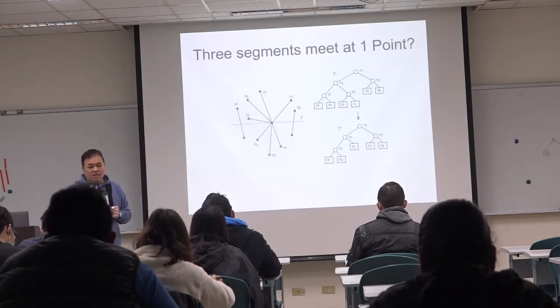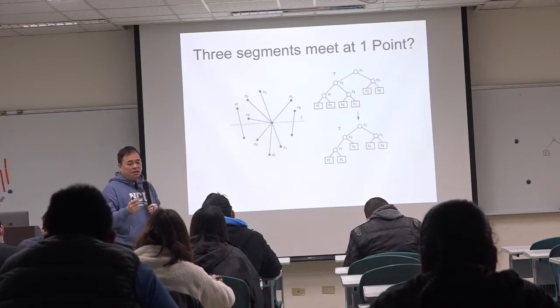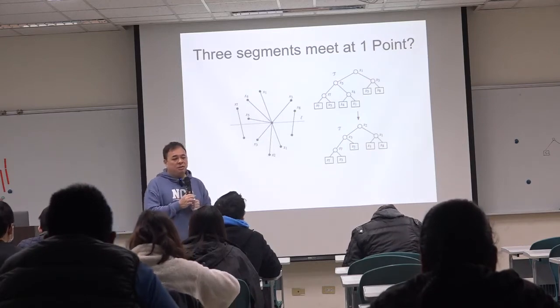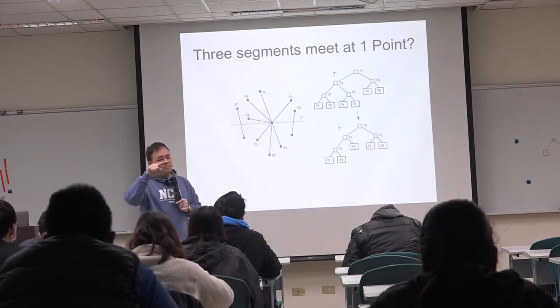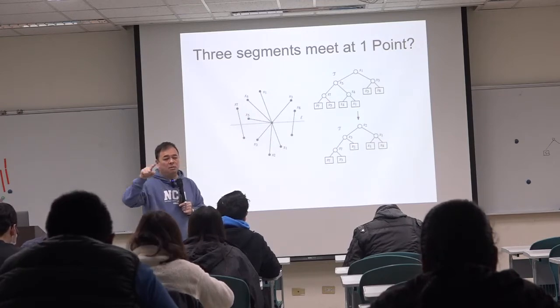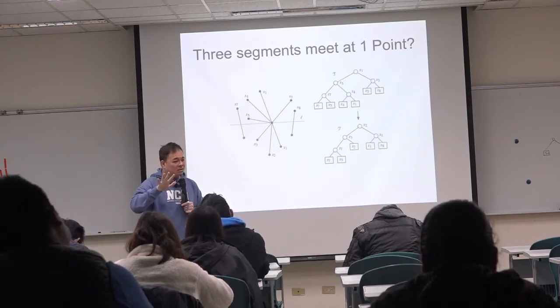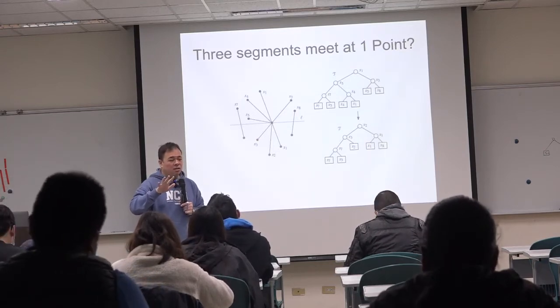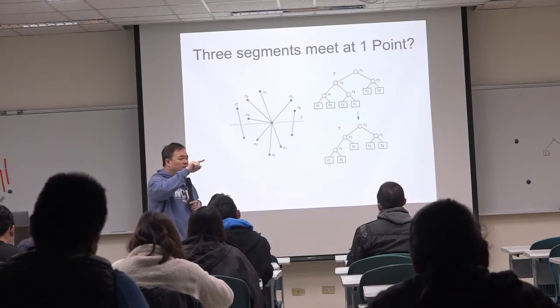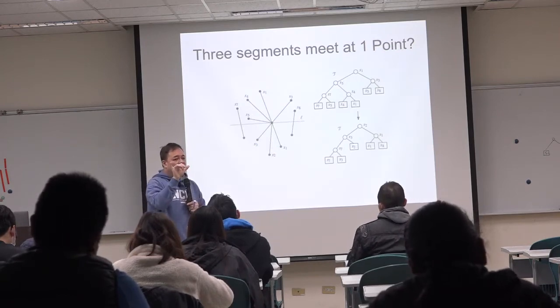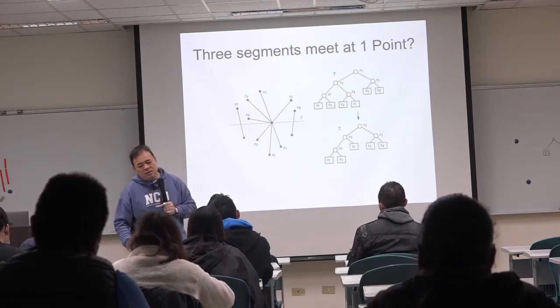There are two things that we need to consider. The first thing is, how about the situation that the segment is horizontal? When the segment is horizontal, we are going to consider the two ends.